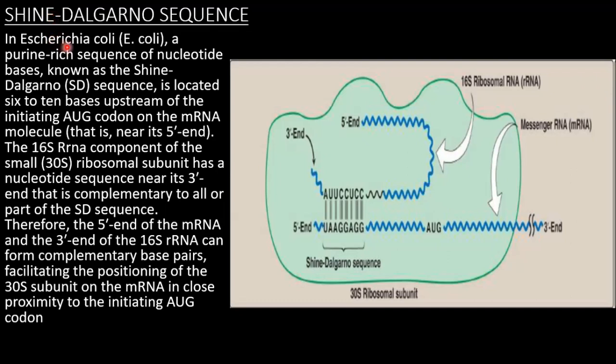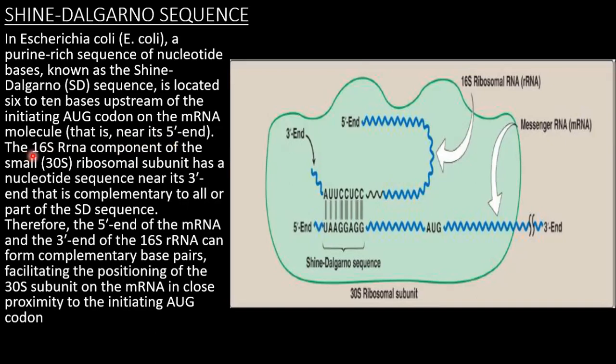Now, in E. coli, we have a purine-rich sequence of nucleotide bases, which is known as the Shine-Dalgarno, the SD sequence, which is located 6 to 10 bases upstream of the initiating AUG codon on the messenger RNA molecule, that is near its 5' end.